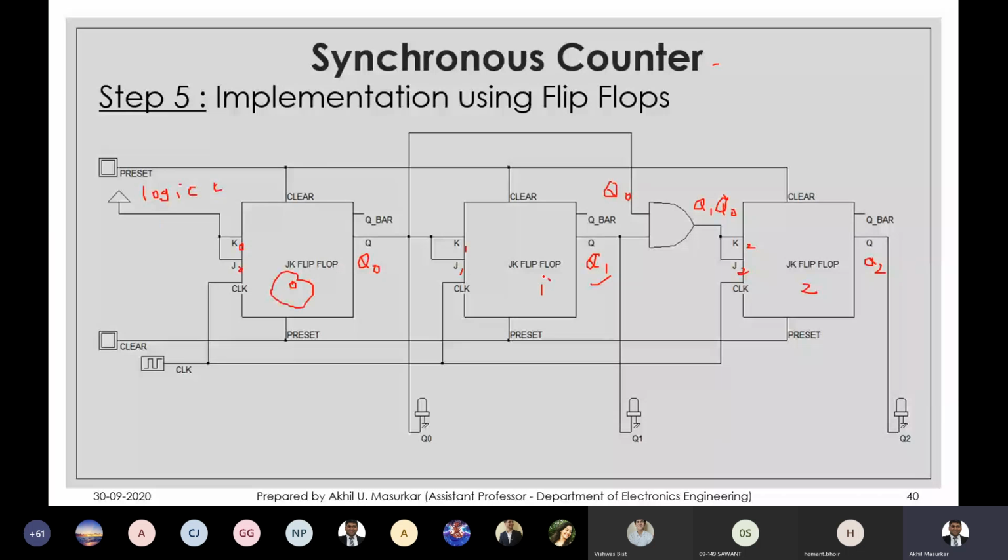So this is flip-flop number 0, 1, and this is J0, J0, J1, J1. Yes. When this step 5 is done, write step 5 done in the chat box.